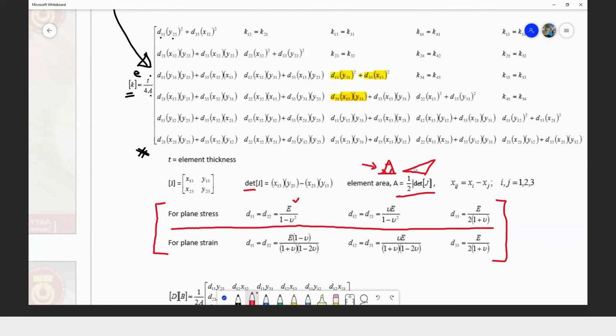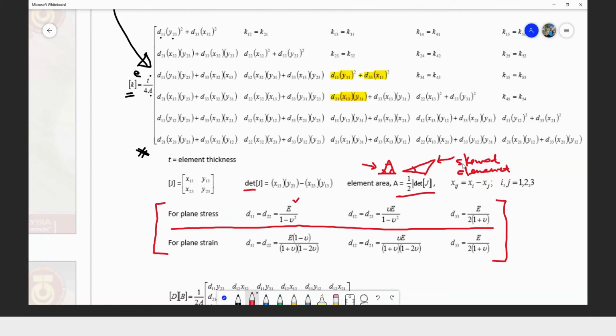When it's skewed, we may have an angle between the edges of our CST element that is too small, which makes it very skewed. A skewed element in finite elements should be avoided, because a skewed element will provide a large error in the analysis.